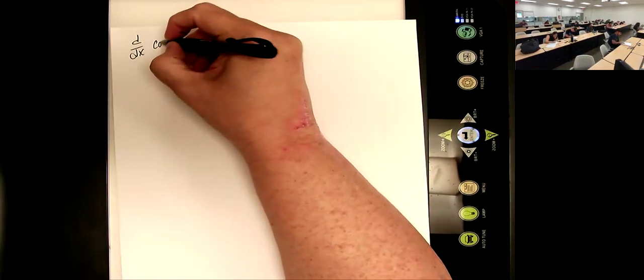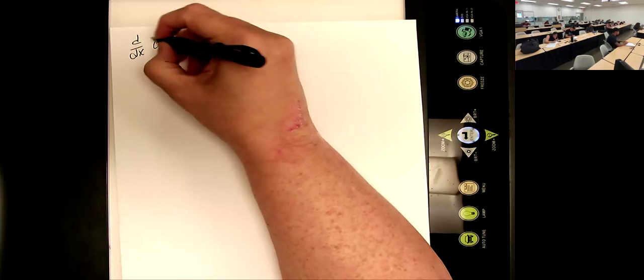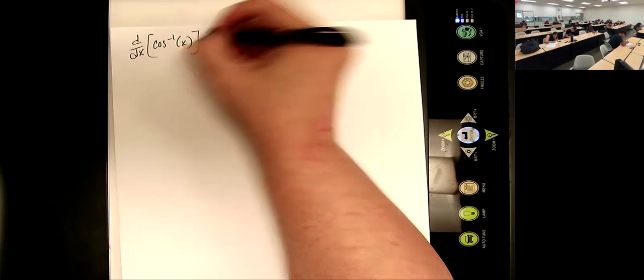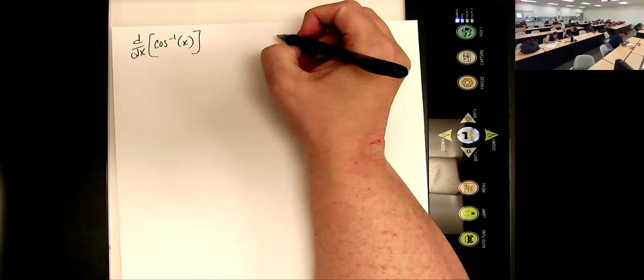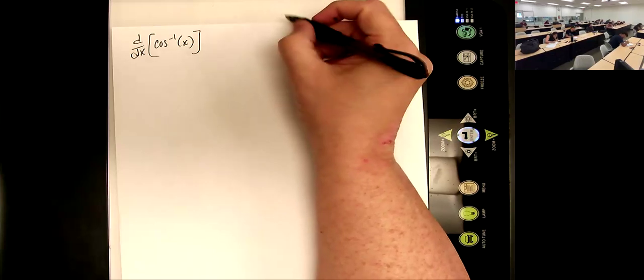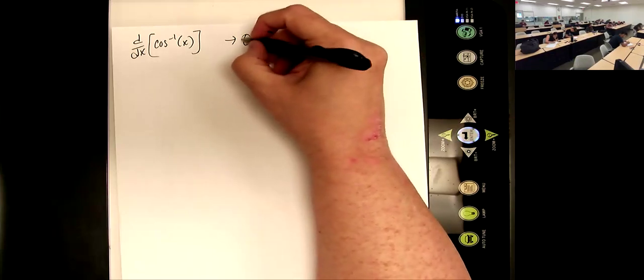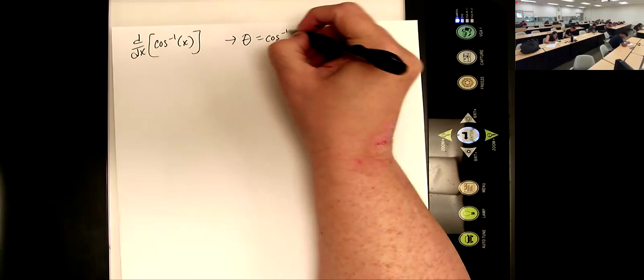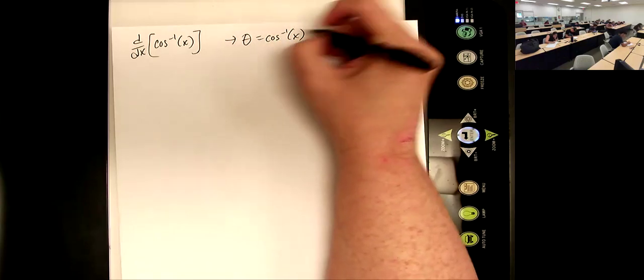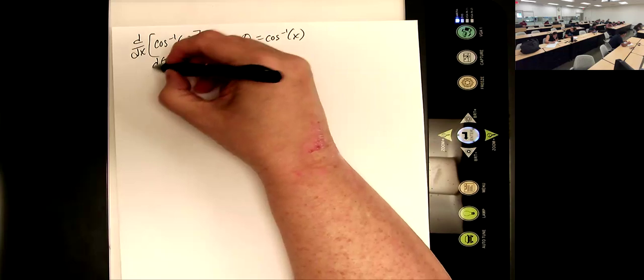We're doing cosine inverse of x. We're gonna find the derivative of that. So if I say theta equals cosine inverse of x, what we're looking for is d theta dx.